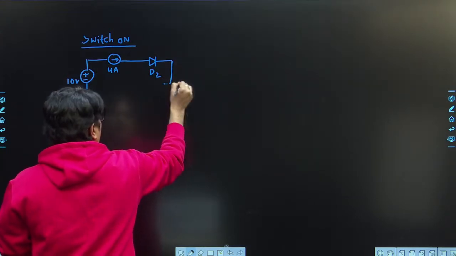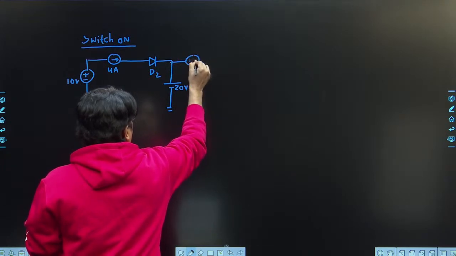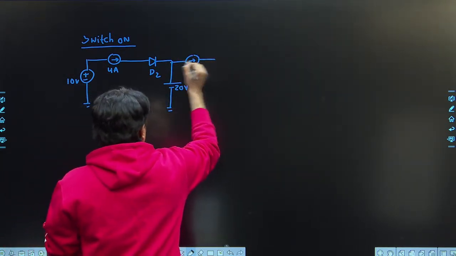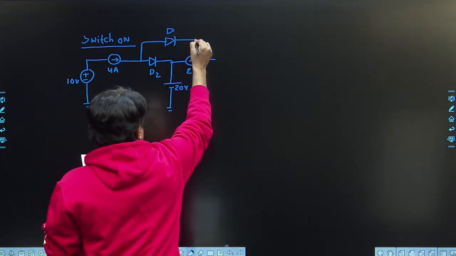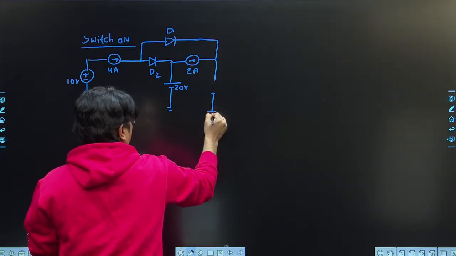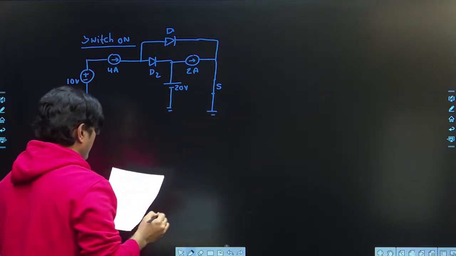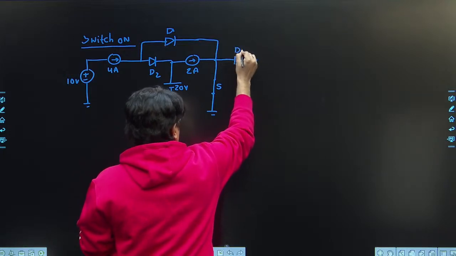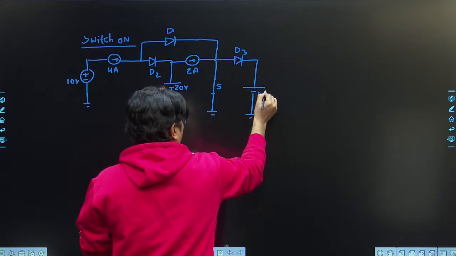Next we have one battery here, 20 volts. There is again a current of 2 amperes. Next we have one more diode, which is the D1 diode, and the switch is short here. I am taking a short circuit for the switch. Next we have a diode D3, and the battery we have is 40 volts.